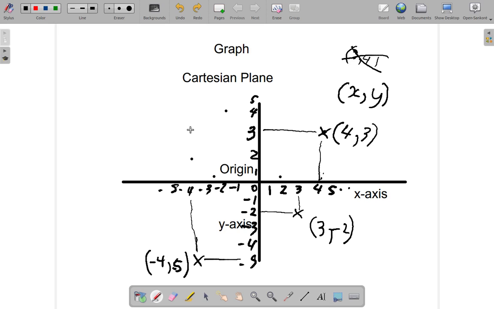Let me try this one. Now, which number on the x-axis is this point lined up along with? If you draw a line going up, that wouldn't help you. There are no numbers here, so let's draw the line going down.